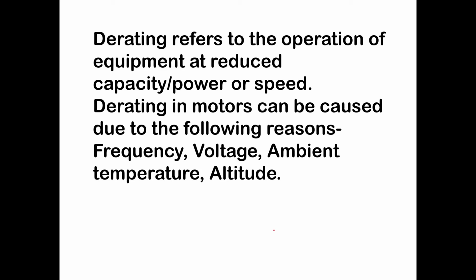Derating in motors can be caused due to the following reasons. It can be a change in frequency, a change in voltage, a change in ambient temperature, or an altitude problem. Because of these reasons, a motor can give you a reduced capacity for the same power or speed. So that is called derating.